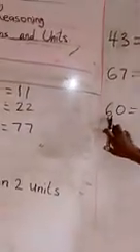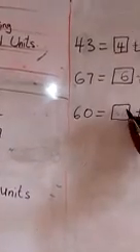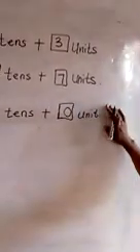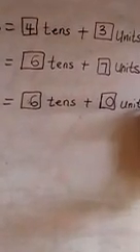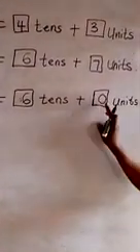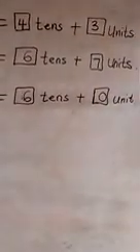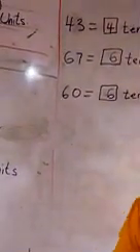You bring out your 6 as your tens. Then your 0 as your units. We only have our 0. The reason why I didn't put our S here was because 0 is only a unit. So there is no way you can put your S. I believe you understand now, pupils. Do you understand? Very good.